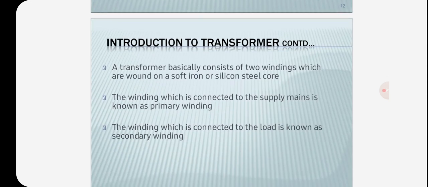So the transformer basically consists of two windings which are wound on a soft iron or silicon steel core. The winding which is connected to the supply mains is known as the primary winding. The winding which is connected to the load is known as the secondary winding.